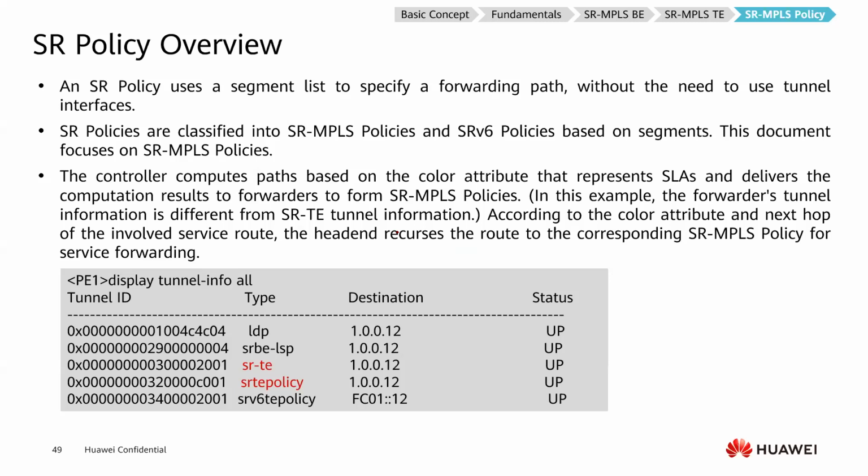So there is another way to achieve SR, which is SR policy. The good side of SR policy compared to SR-MPLS TE is that it does not need to create a tunnel interface. There's no need.